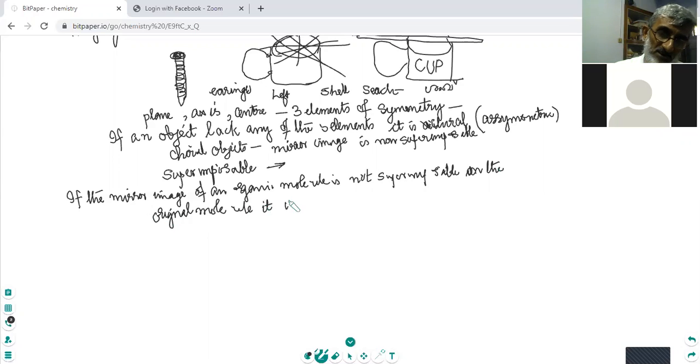It is chiral. Now, how can you decide it? We have to explain this very thoroughly. I will bring the model and show it to you.